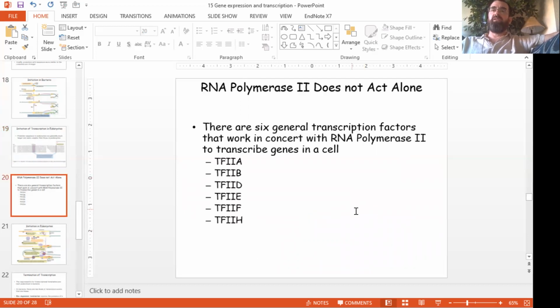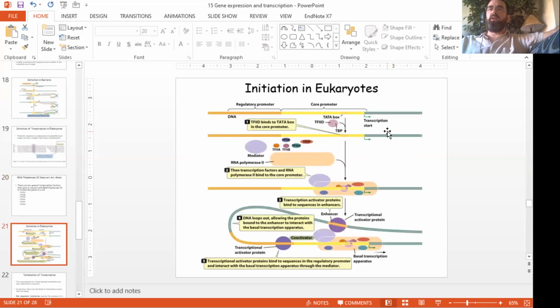Just to give you an idea, there are at least 6 general purpose transcription factors. These aren't specific to any particular condition. These are just general purpose transcription factors which act with RNA polymerase II to initiate transcription.